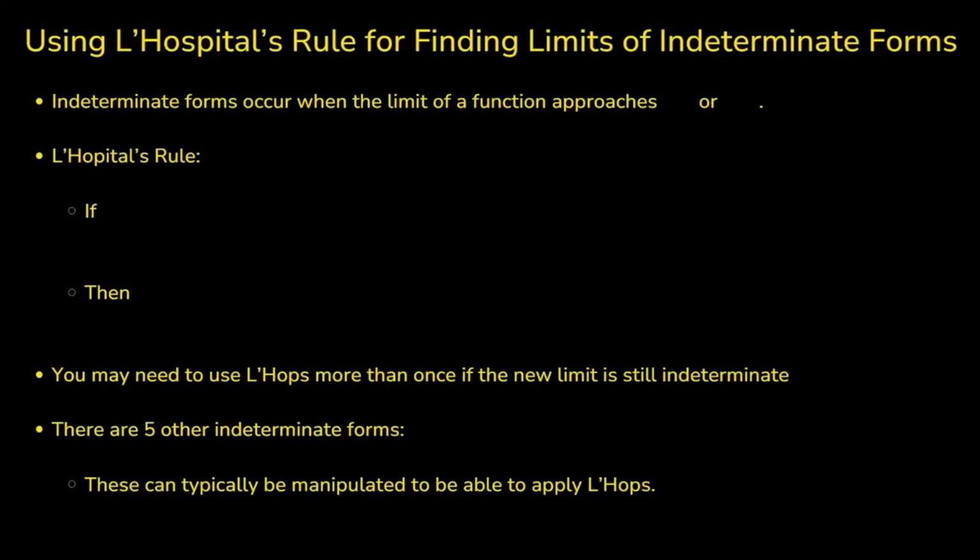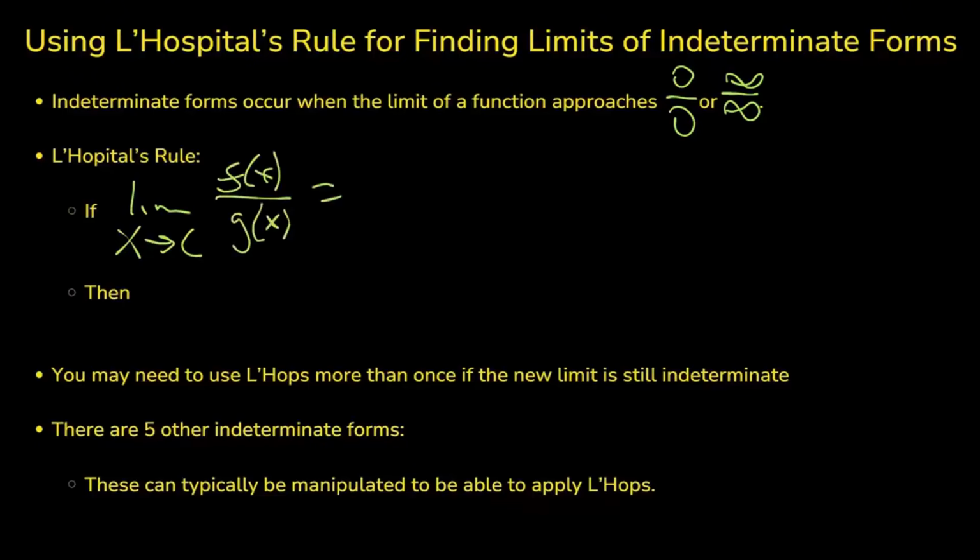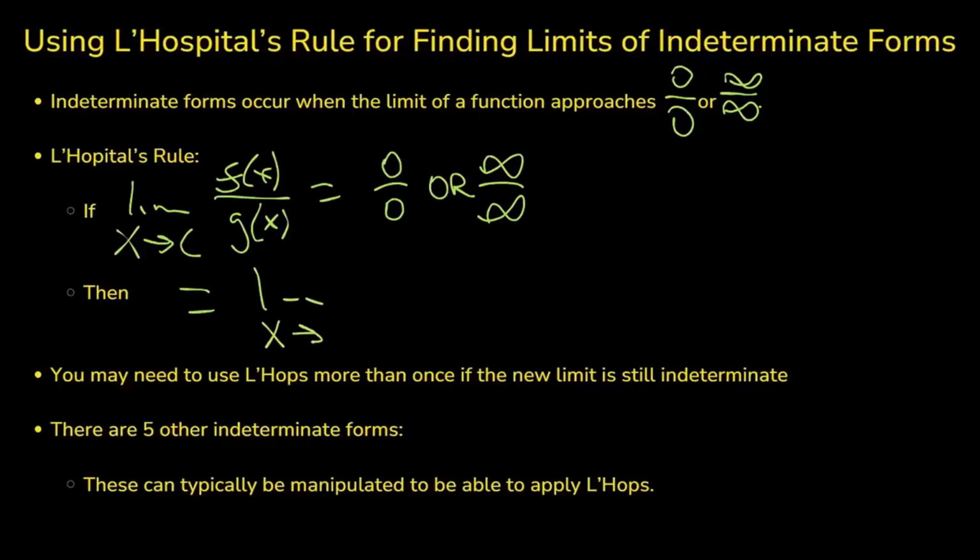And finally, we talked about L'Hopital's rule for finding limits of indeterminate forms. Now, indeterminate forms are when the limit of a function approaches either 0 over 0 or infinity over infinity. If the limit as x approaches c of f over g equals 0 over 0 or infinity over infinity, then that's going to be equal to the limit as x approaches c of f prime of x over g prime of x.